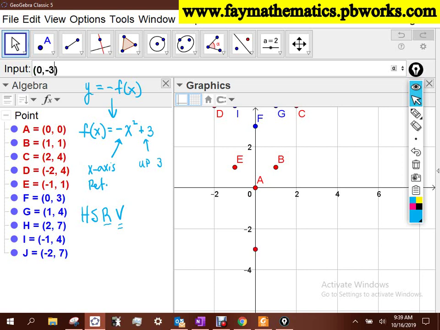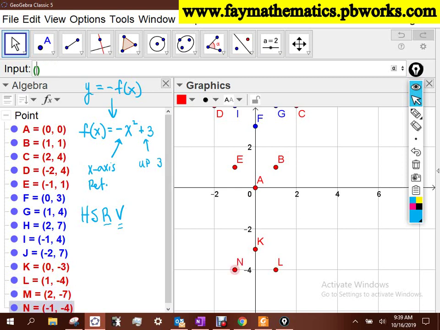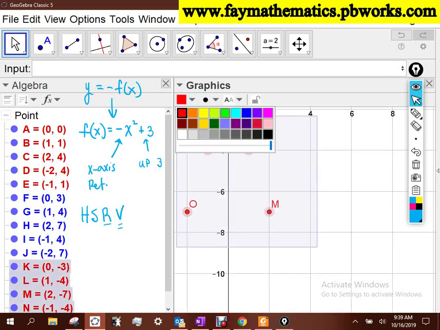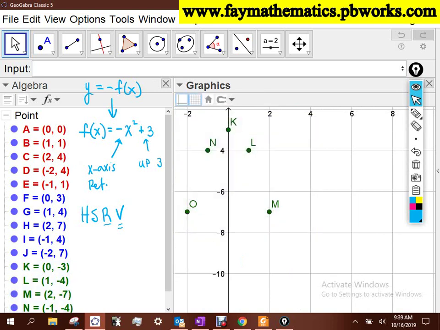So (0, -3), (1, -4), (2, -7), (-1, -4), (-2, -7). And I get those green ones. I'm going to make them green.